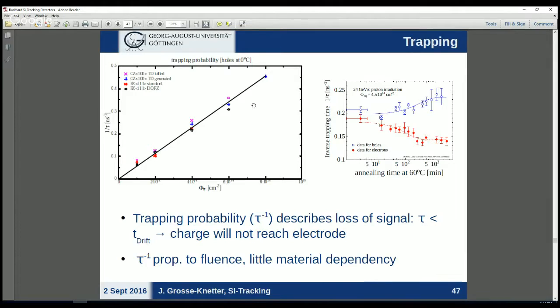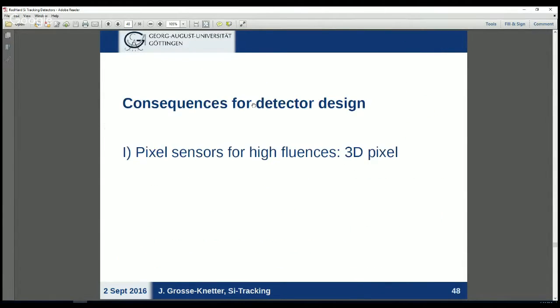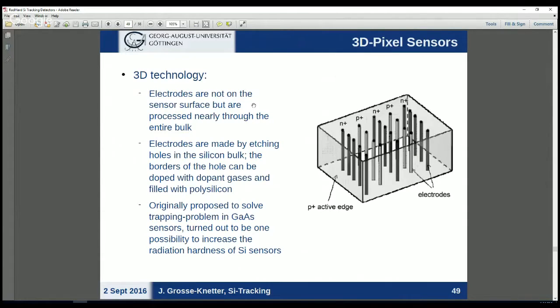However, there are ways to more cleverly design your detectors, and that's what we're currently doing for the upgrade project, or partially was already done for this extra pixel layer in Atlas. So one thing is a clever design of electrodes, which we call 3D pixels. What's the idea?